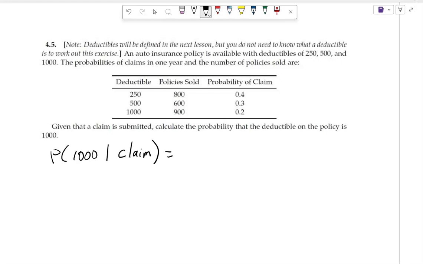Using our conditional formula again, what would we write this as?